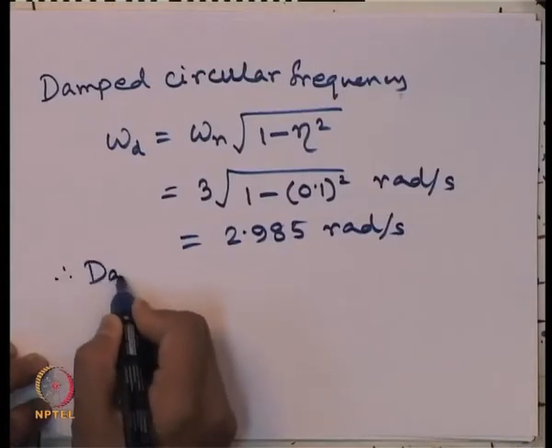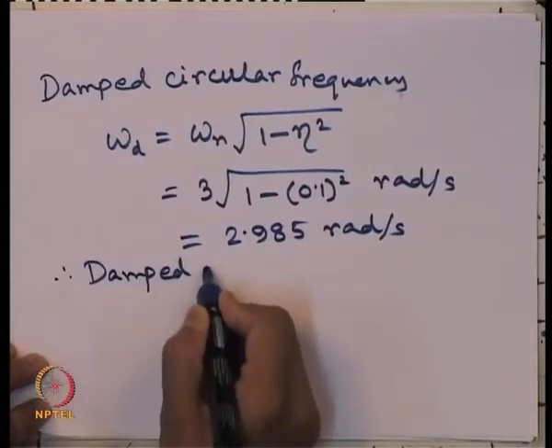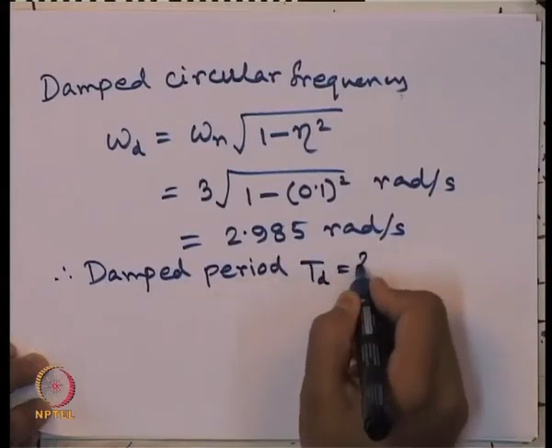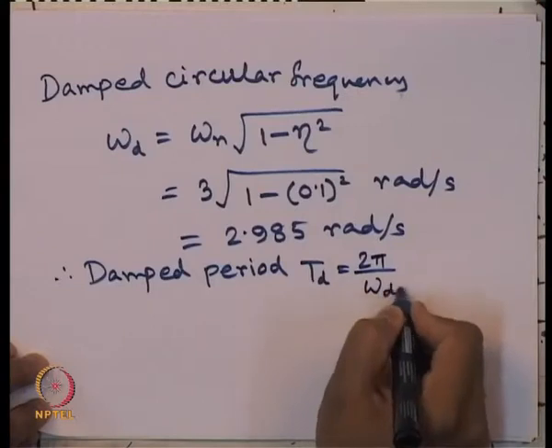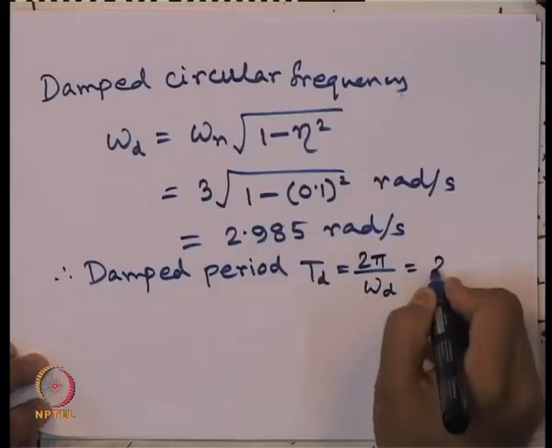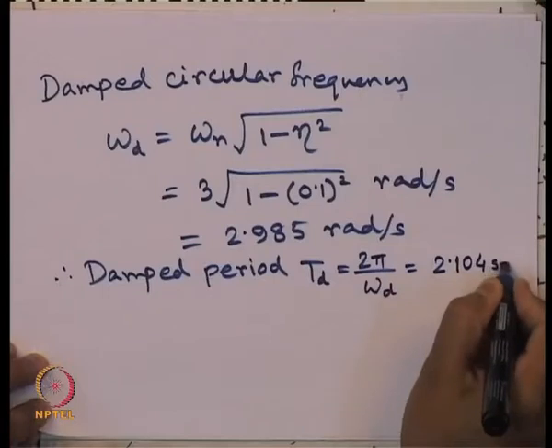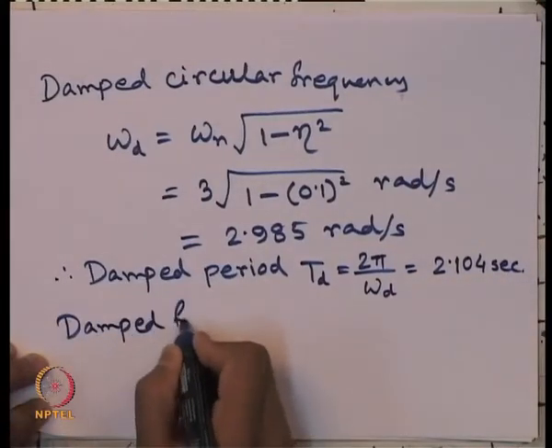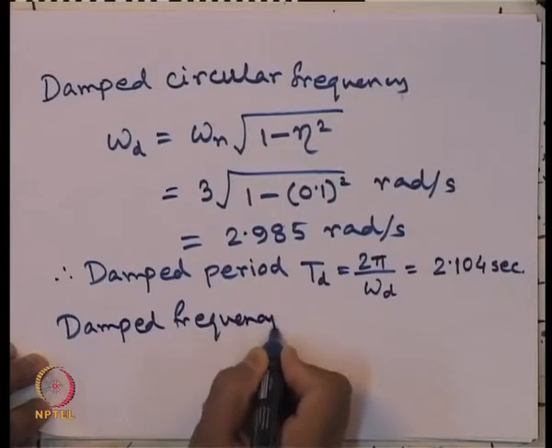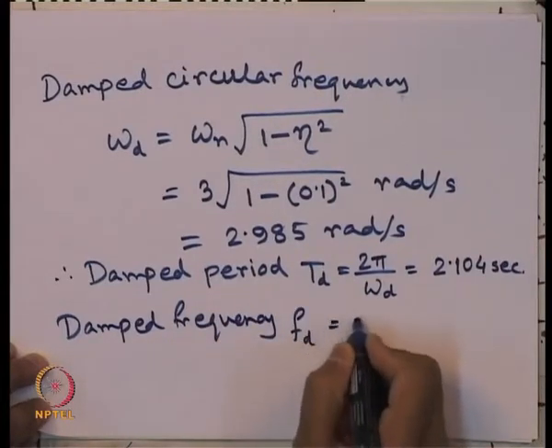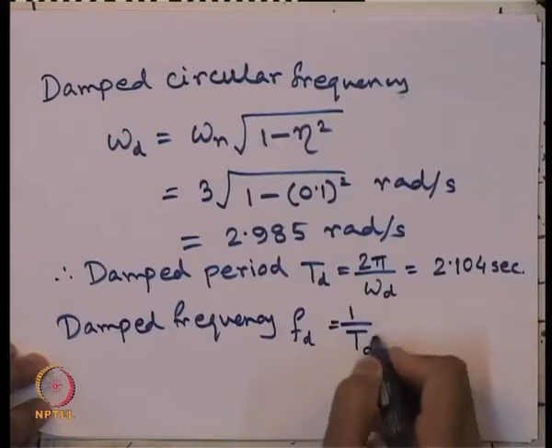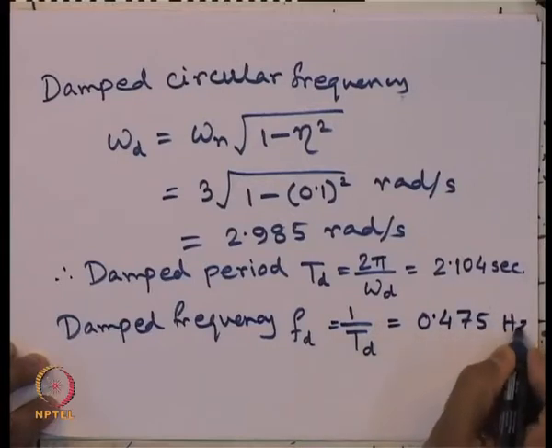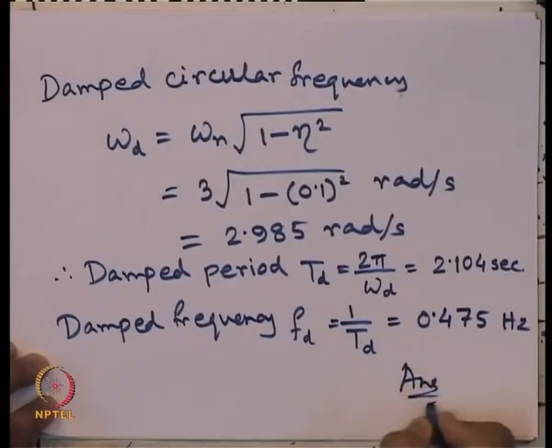Therefore, damped period Td equals 2 pi by this omega d. If we put this value over here, we will get 2.104 second, and therefore, damped frequency fd is 1 by Td. Putting this value, we will get 0.475 hertz. So, that is the answer of the total problem.